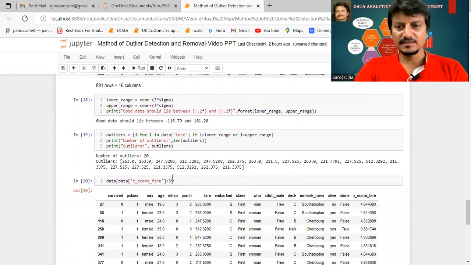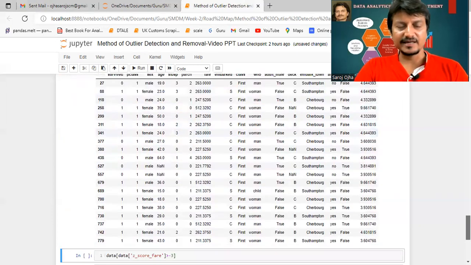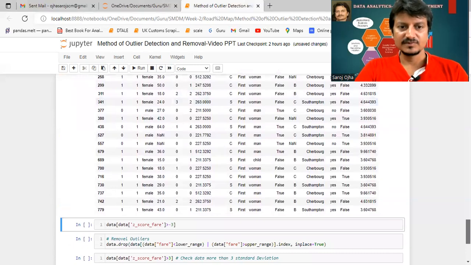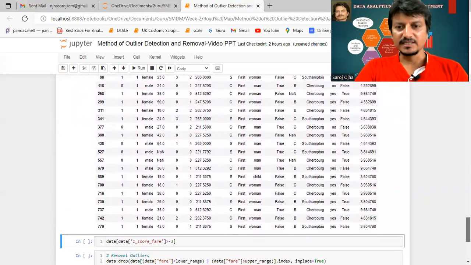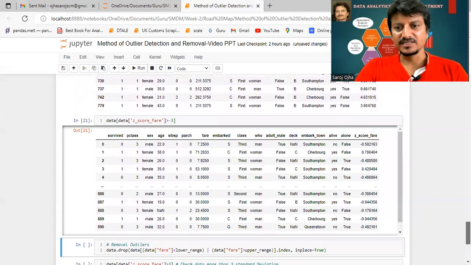I just created a filter, a kind of sort, with Z score greater than 3. So these are the outliers in the data, more than 3 sigma, 3 standard deviations, and minus 3 standard deviations.